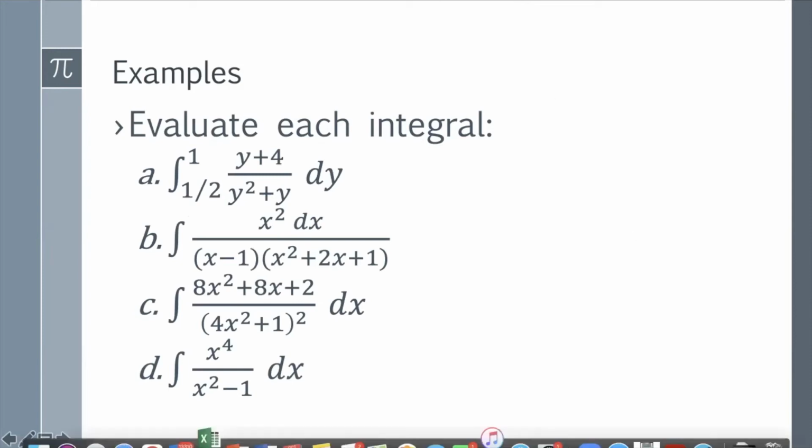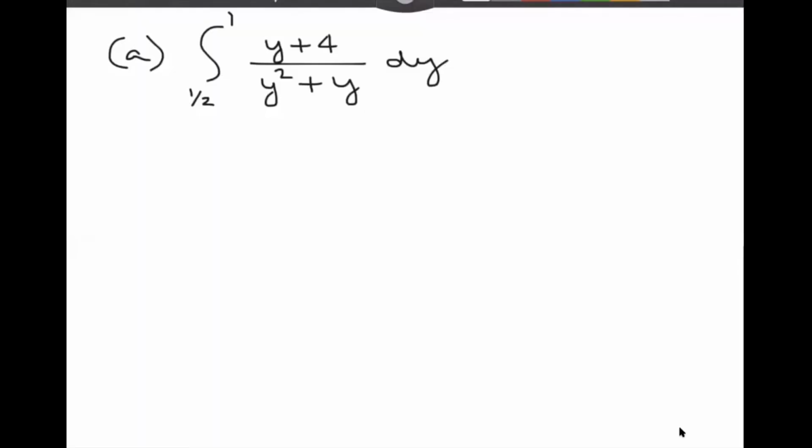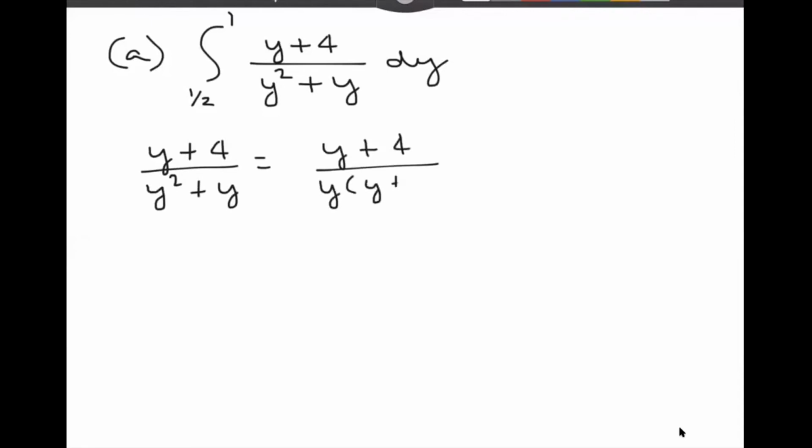All right, letter A. We have the integral from 1/2 to 1 of (y plus 4) over (y squared plus y) dy. The first thing you have to do is rewrite that rational expression using the method of partial fractions. First of all, notice that y squared plus y factors into y times (y plus 1).